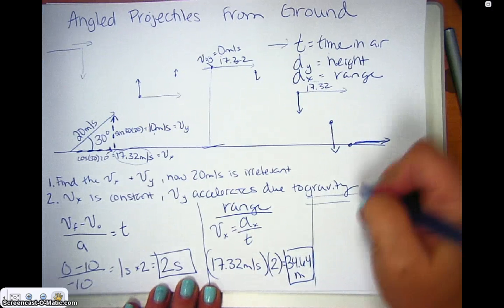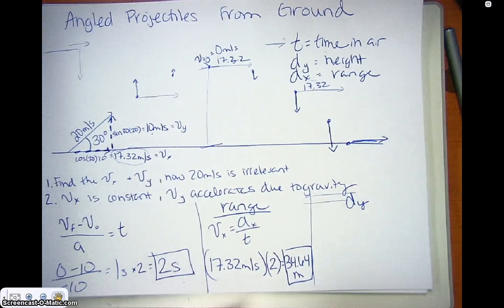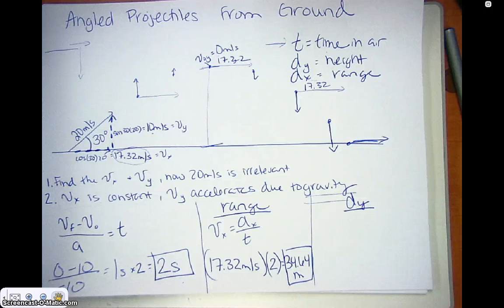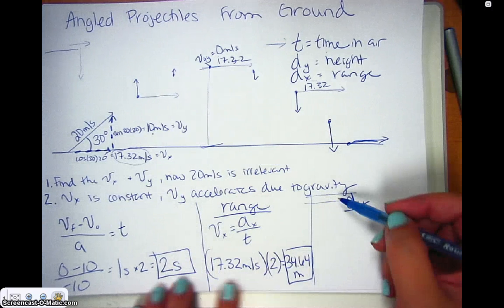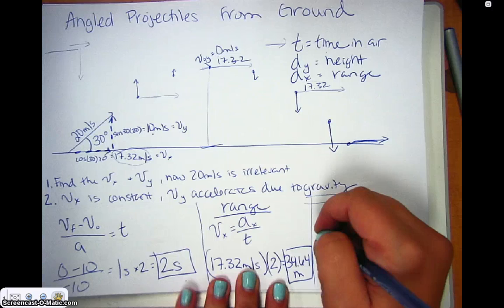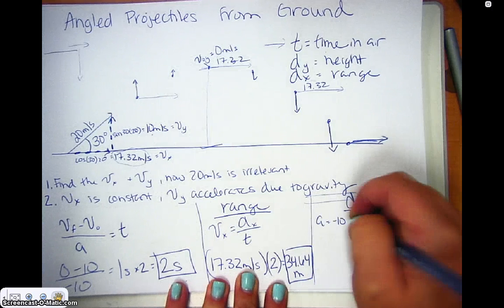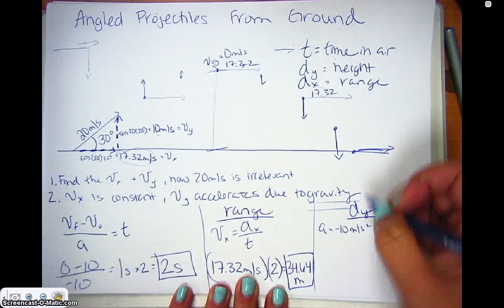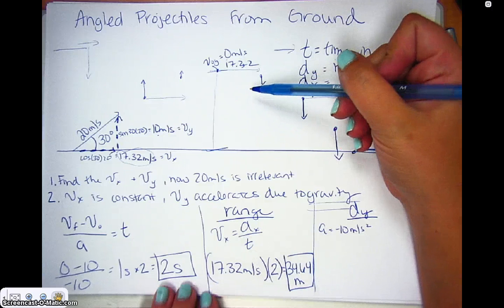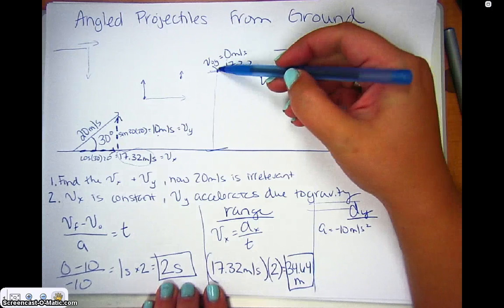So the next one, let's look at dy, how high up in the air. Again, in the y direction, I have acceleration due to gravity, so a is equal to negative 10. I have t already, so I know t up to this point is 1 second.